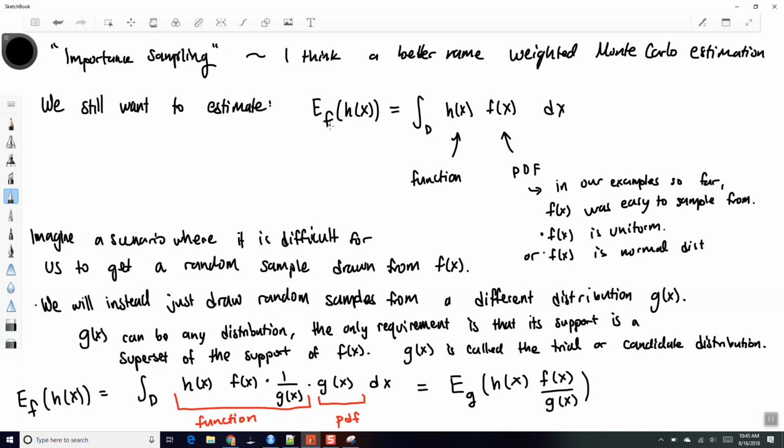Okay, so here we had the expected value of a function where x comes from this PDF. Now we have the expected value of this function where x comes from this PDF, and that's what we have here: the expected value of h of x times f of x over g of x, where x comes from g. And so this is kind of like a weight compensation to make up for the fact that we are drawing from g of x rather than f of x.